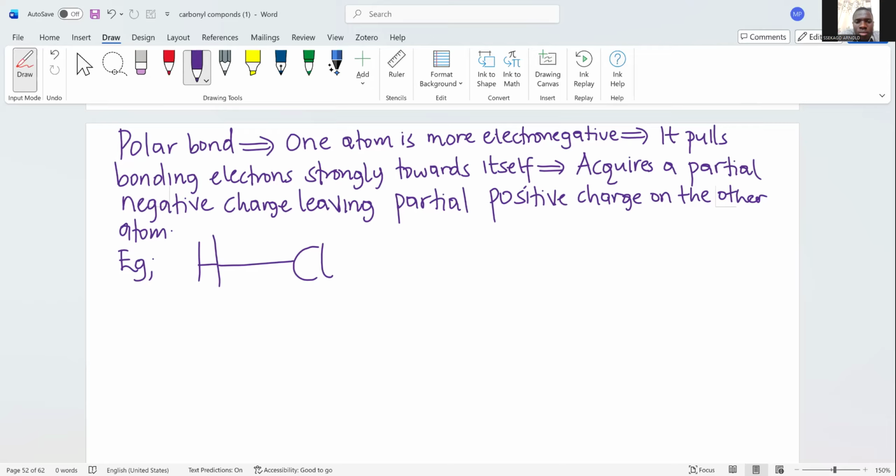This chlorine is more electronegative than H. You know what it does? It pulls electrons, and it acquires a partial negative charge, leaving a partial positive charge on hydrogen.